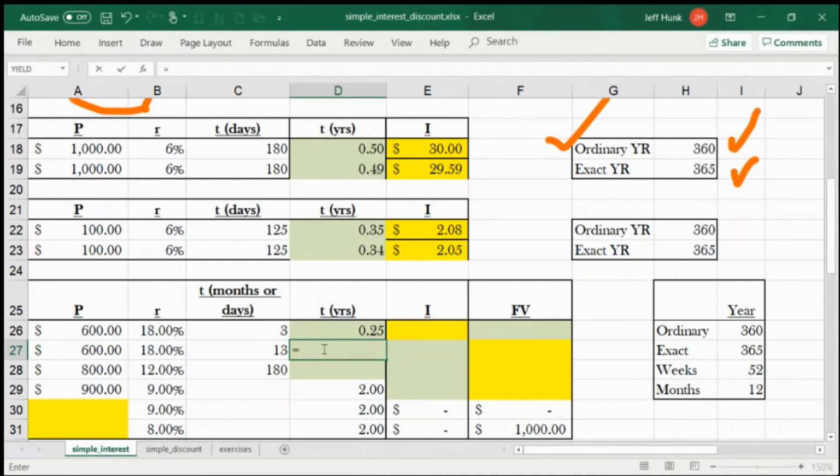You divide it by weeks, right? And then that's the same 0.25. Yes, that's true. 3 months is 1/4 of a year. 13 weeks is 3 months, right?